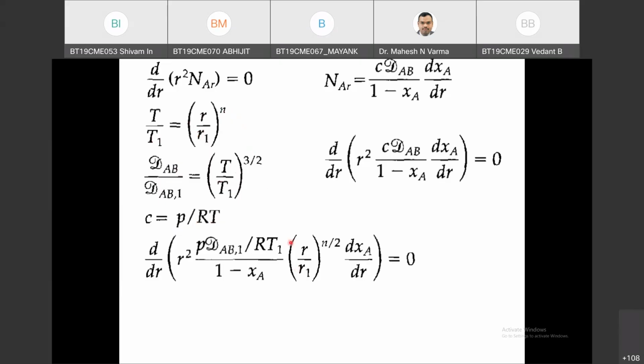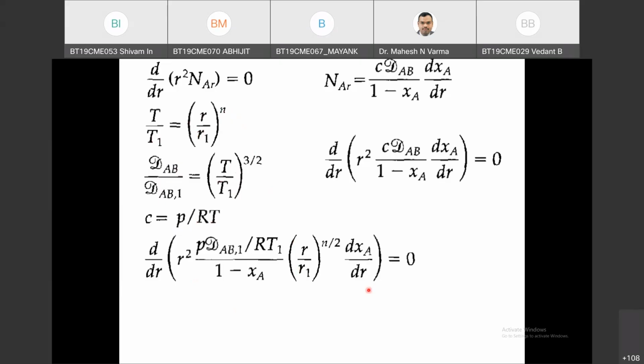You substitute everything, and you should be able to get this equation. Anybody else got this equation? Okay, very good. Some people are doing it and getting this equation.